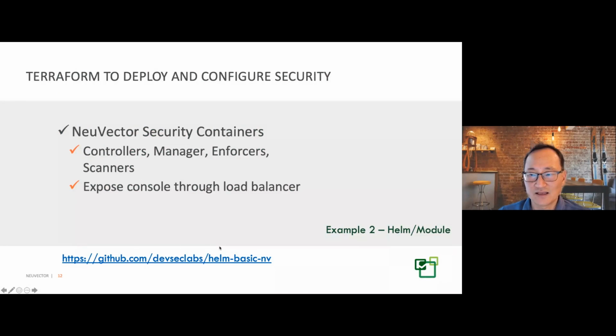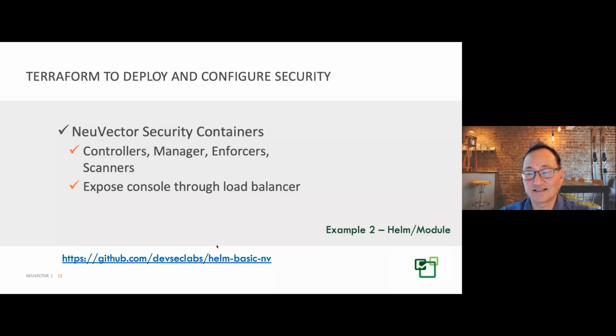So if we look at our next example, a basic configuration would be to deploy the NuVector solution as part of your Terraform deployment. So what we're talking about here is, let's say you need to deploy a new cluster to get your compute resources going. You can, at the same time, in your Terraform example that we show here, deploy NuVector, which deploys all of the containers to deploy NuVector.